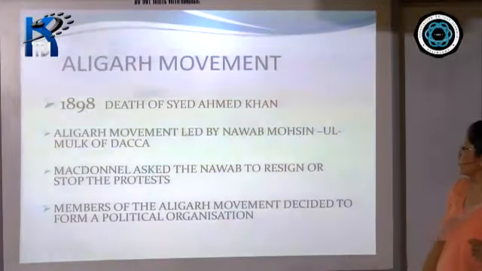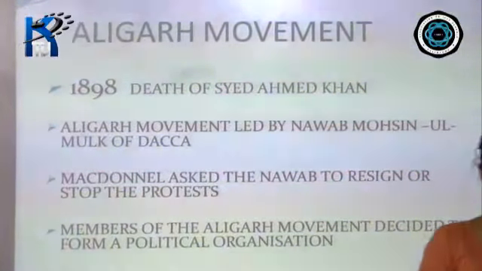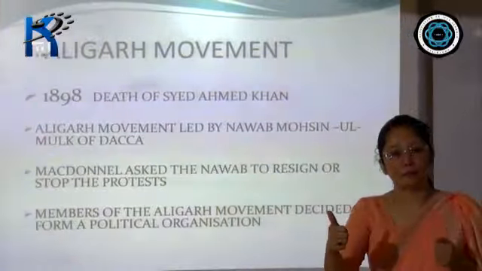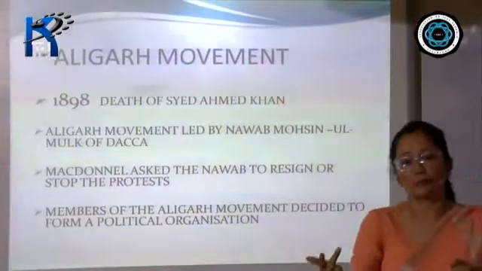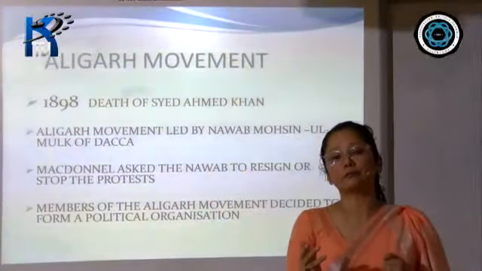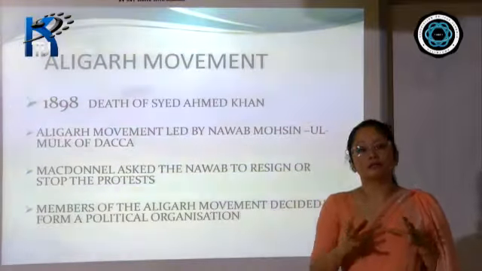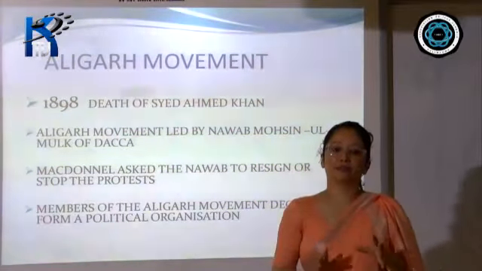Members of the Aligarh movement now decided to form a political organization. The Muslims had everything. They had support, they had the public, they had the objectives, they had the programs, they had very good leadership. But what was missing was organization. To start any movement, you require at least four to five things.